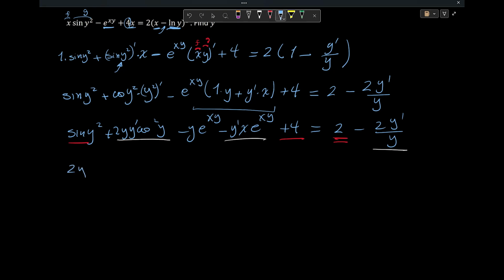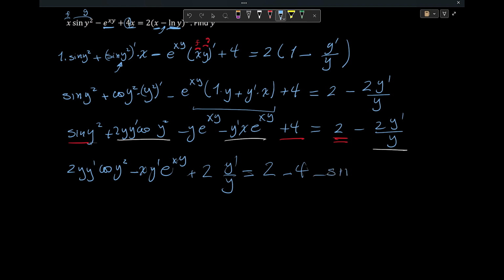So here's 2y prime cosine y squared, minus xy prime e to the xy. Here I have plus 2y prime over y equals. There is the 2. I bring the 4 over, and I bring the negative sine y squared.